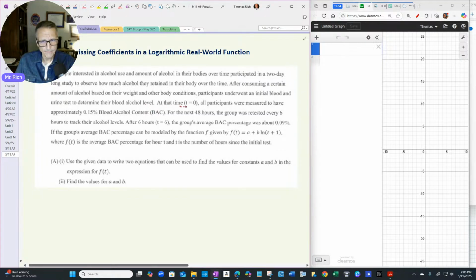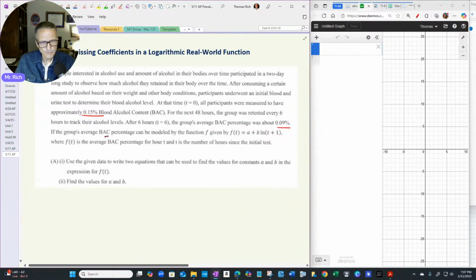At that time, t equals 0, all participants were measured to have approximately 0.15% blood alcohol content. Then for the next 48 hours, the group was retested every 6 hours to track their alcohol levels. After 6 hours, t equals 6, the group's average BAC was about 0.09%. So it went from 0.15 to 0.09.